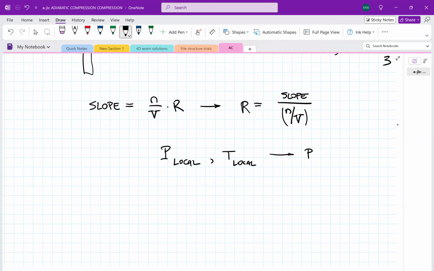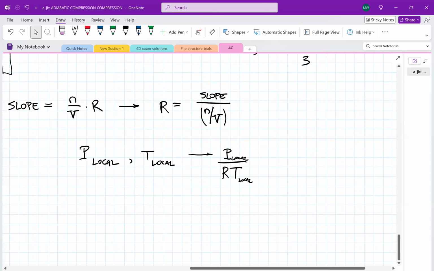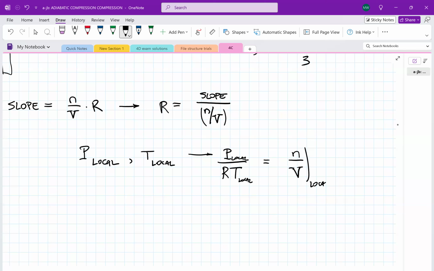You can use those two values in the ideal gas model here. So you'll have a pressure, divided by, and you'll take your local pressure and your local temperature, and this will give you your N over V for your local. And that's what's going to go into right there.